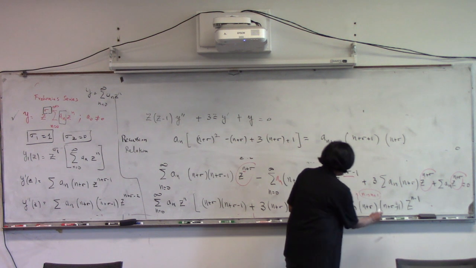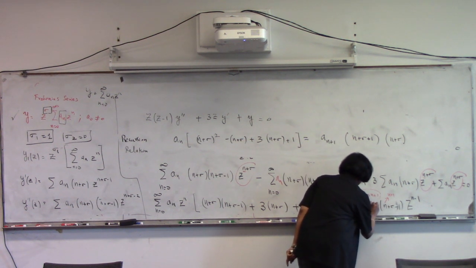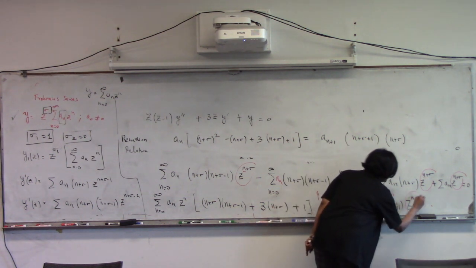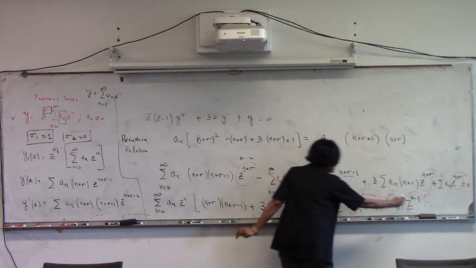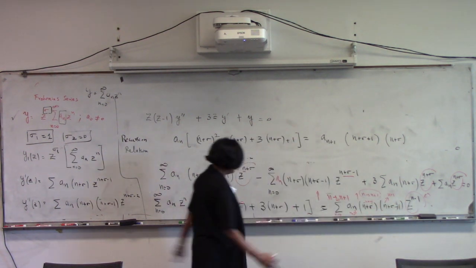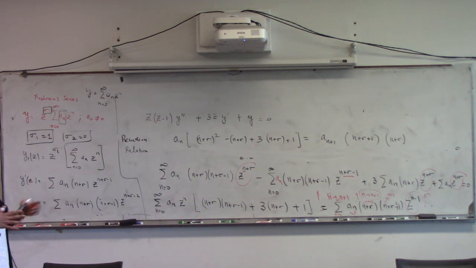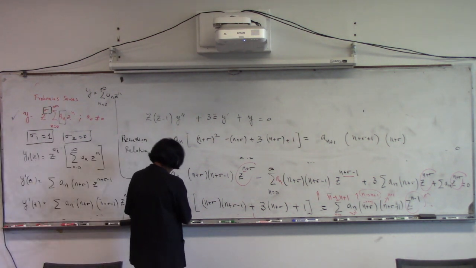All I've done is everywhere I've replaced n by n plus 1, so that I have here z to the power of n. So I have to compare the same power of z here and here, and the coefficient multiplying z to the same power should be the same. That is the equality we have to satisfy. Is this clear?